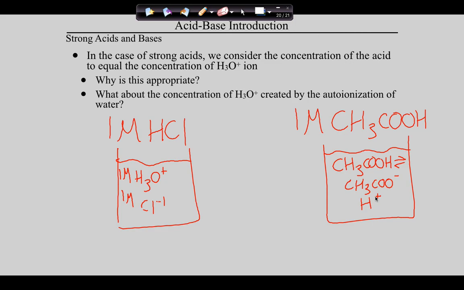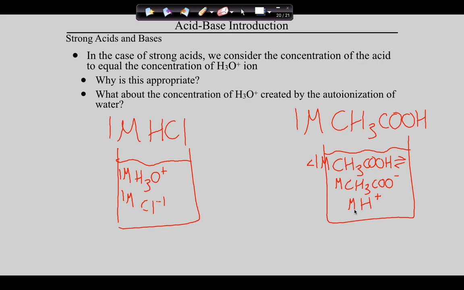Now let's talk about molarities. What is the molarity of the acetic acid? It's less than 1, right? So we know that this will be less than 1 molar. What will the molarities of these be? Well, more than 0, right?